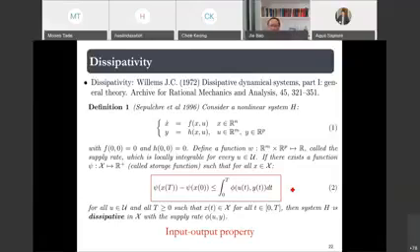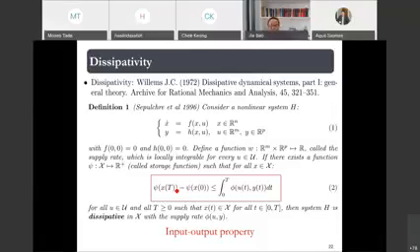Now, if we have a nonlinear system given in equation number 1, let's assume some equilibrium point, and let's assume the equilibrium point x is 0. Then this system is dissipative with respect to a function defined on the input u and output y, which is phi here. This function is called a supply rate. And we have a storage function, which is very similar to the Lyapunov function.